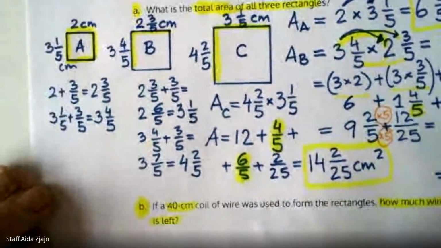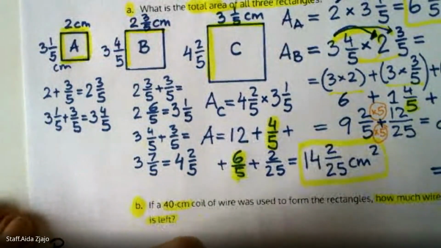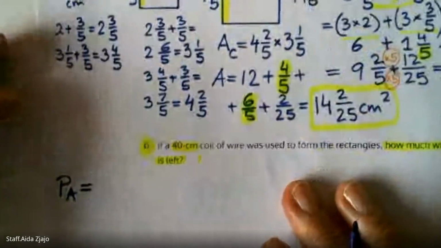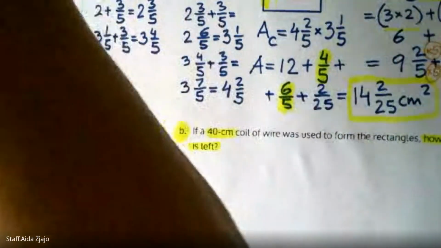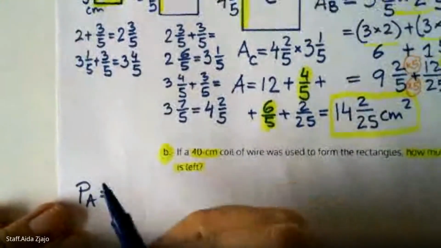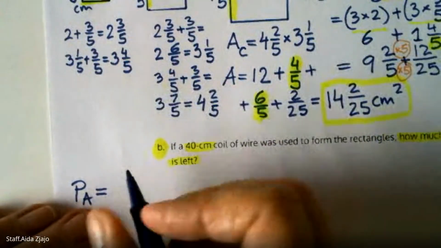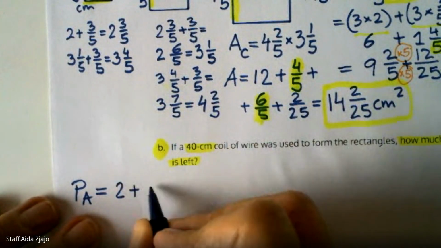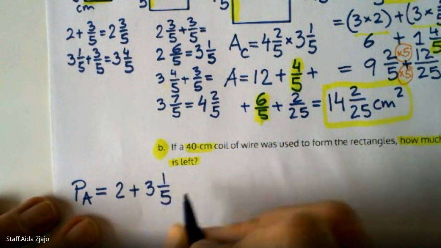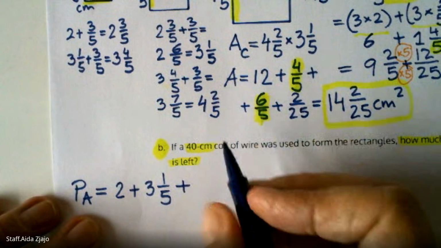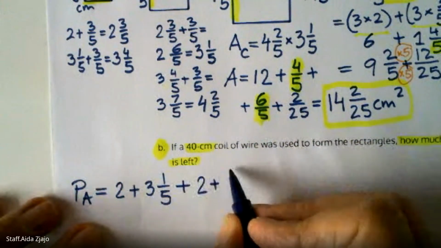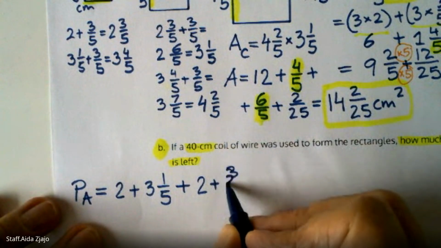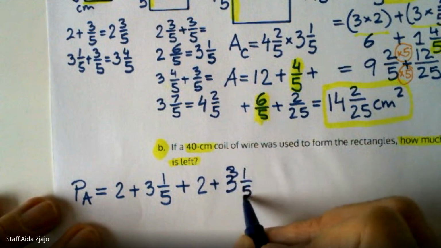So if I have a perimeter A, you can do 2 plus 3 1/5 plus 2 plus 3, oh, sorry, I messed up, 3 1/5.